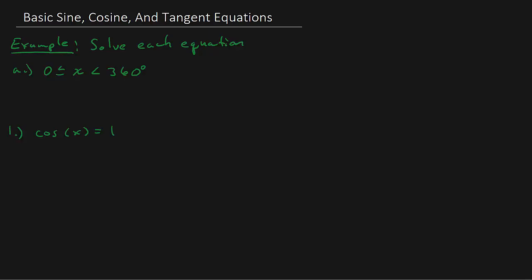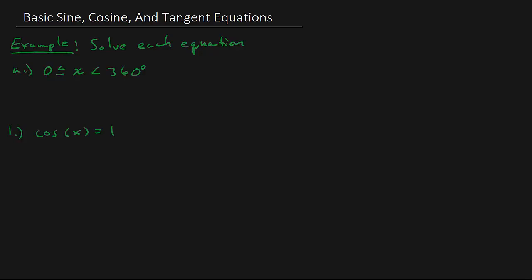To solve these, we're going to start out by solving in degrees. Then we're going to have some where this is changed to radians. Some of our solutions are going to be in degrees and some in radians, just to mix it up a little bit.